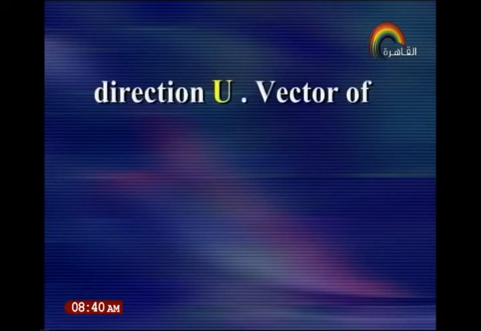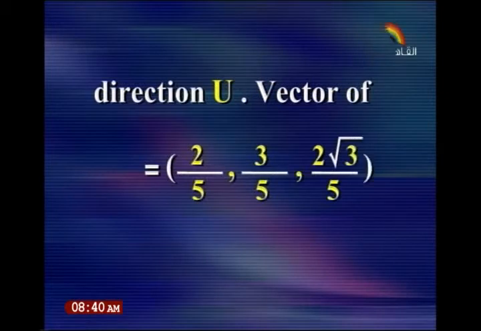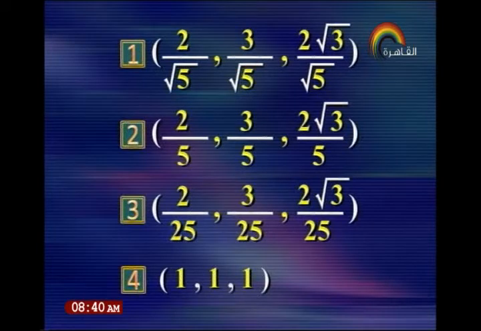Then the unit vector equals each component over 5: (2 over 5, 3 over 5, 2 root 3 over 5). Then the correct answer is number 2.